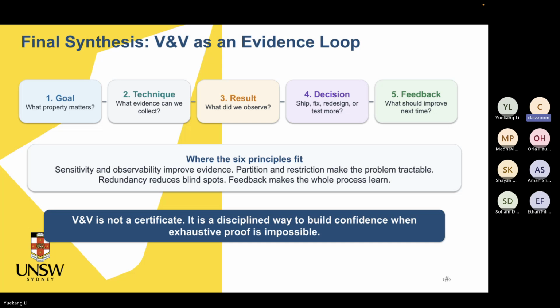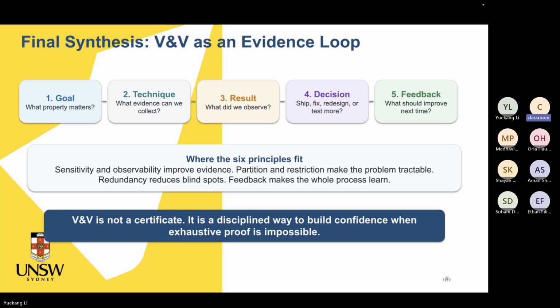We need to keep track of all the testing activities. And the purpose of keeping track of these testing and problems is not only to improve the quality of the software, but also for the final step of assessment.